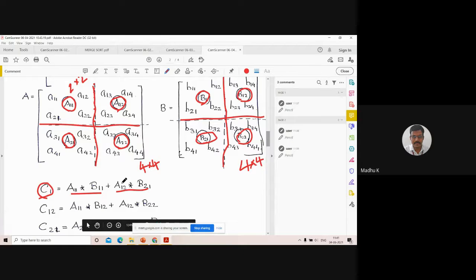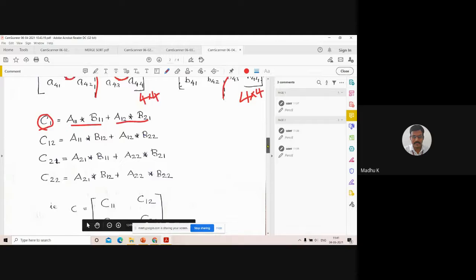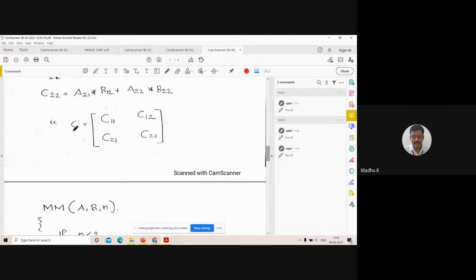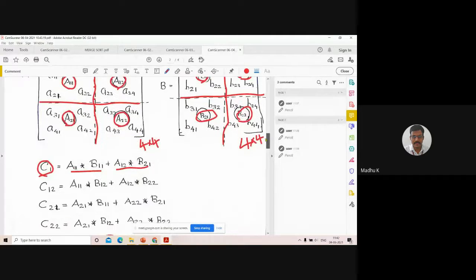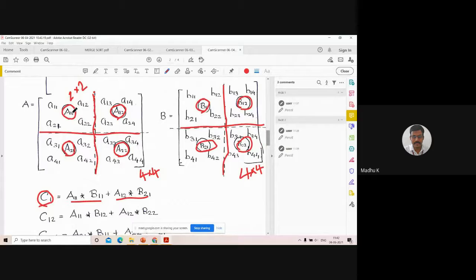There is a matrix C, and C11 is obtained by using our traditional matrix multiplication approach, that is, A11 into B11 plus A12 into B21.